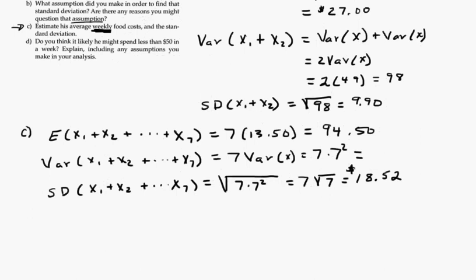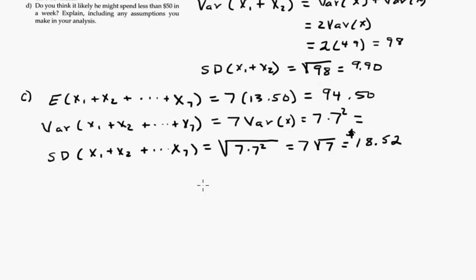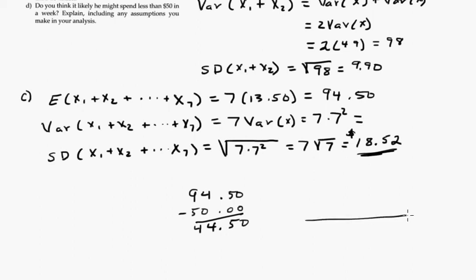If we look at what he's expected to spend, 94.50 minus 50 is 44. So that's about 2 standard deviations away. They didn't say it followed the normal model, but if it did, that would be 2 standard deviations away. So the probability of that would be pretty small. So probably not likely.